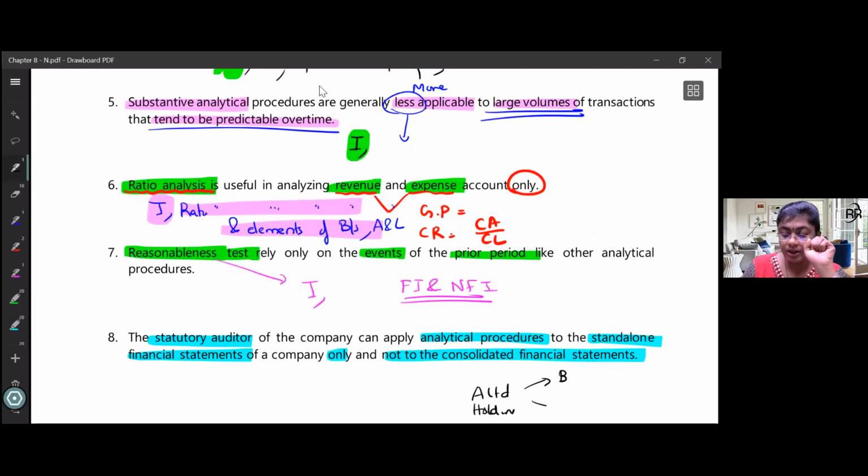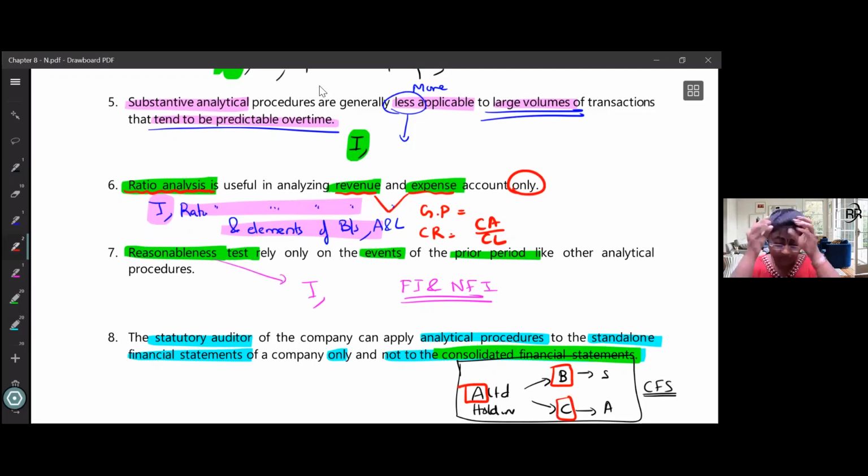They have B, they have C, which is subsidiary, associate. While preparing the group financial, you call it as CFS, I mean, consolidated financial statements. When you prepare A is alone, B is alone, C is alone, it's FS. You call it as standalone.